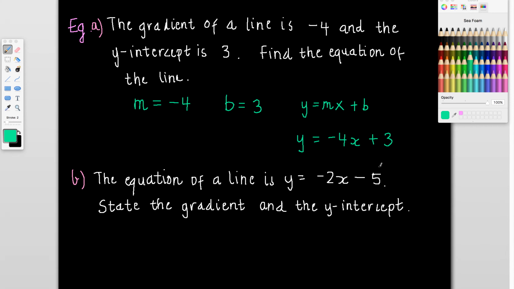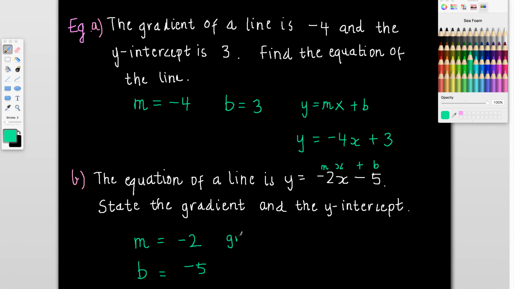Alternatively, you might be given an equation like this and then asked just to state the gradient. So here I can see y equals mx plus b, but as you can see, my intercept is actually negative here. So the gradient m is -2, and the y-intercept b is -5.